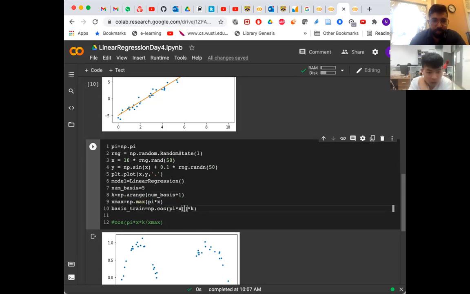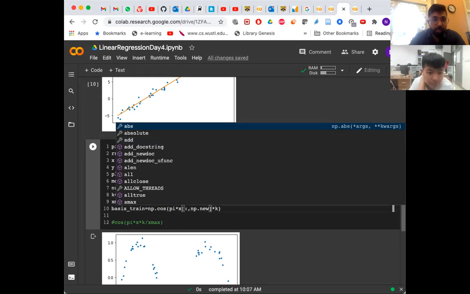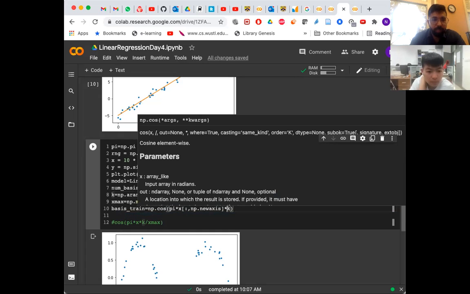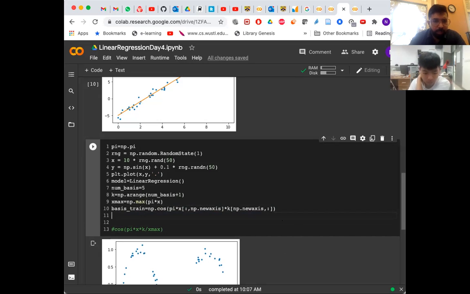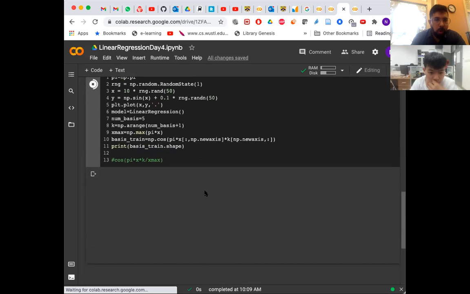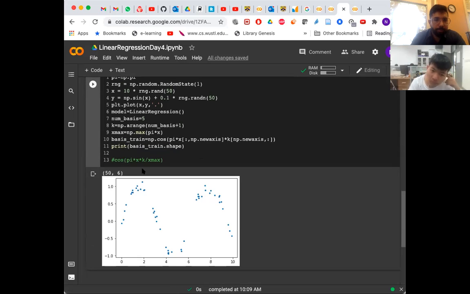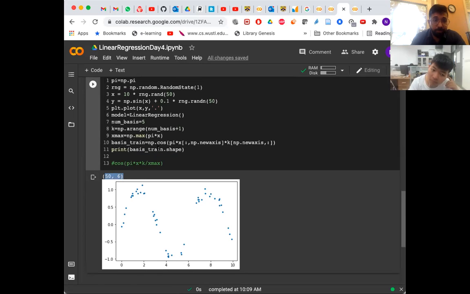So let's give it the right shape. So this should be np.newaxis for broadcasting, and k should be np.newaxis. That should pretty much do it. Let's just look at the shape. Of 50 times x, it seems fine.